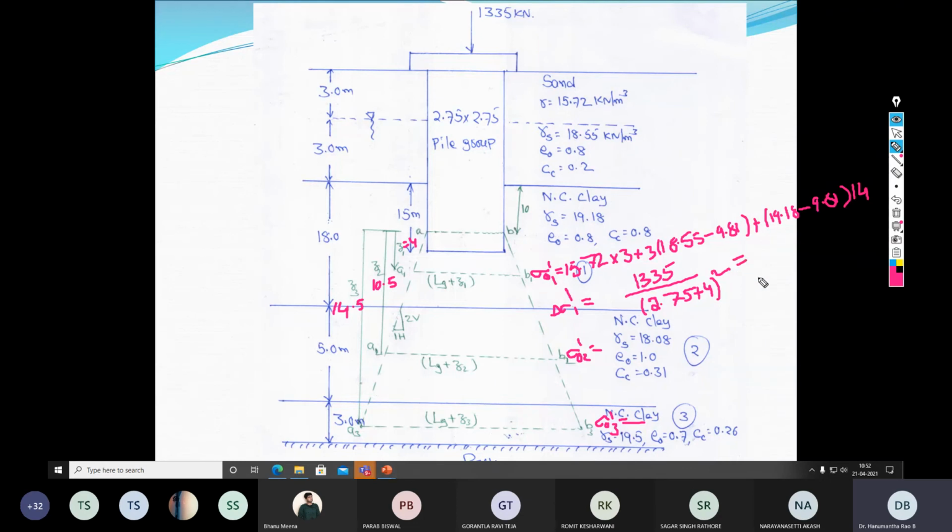So this is delta sigma. Is it all right? Correct? Yes, sir. So now calculate the settlement at the middle of the clay layer number 1. So everything is known.